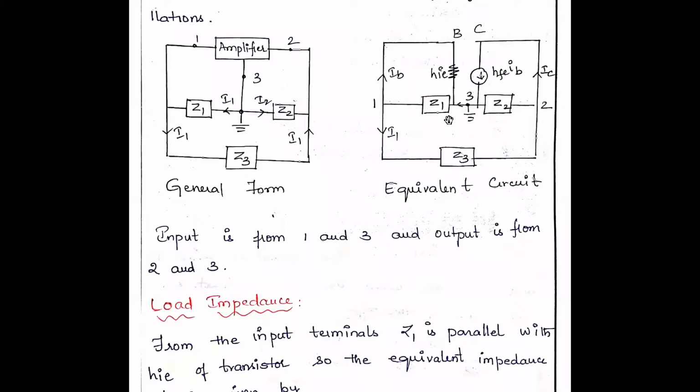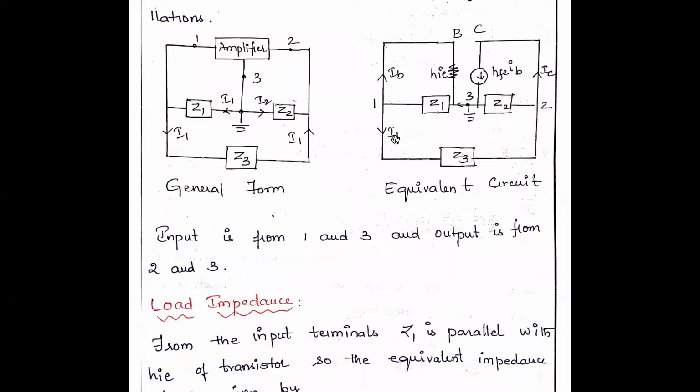Now, we already got output voltage in terms of I1. If we want the input voltage in terms of I1, we can get it as minus I1, the current entering the first terminal, multiplied with the parallel combination of HIE and Z1.